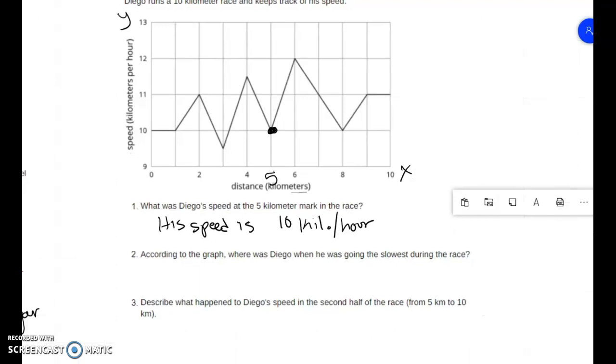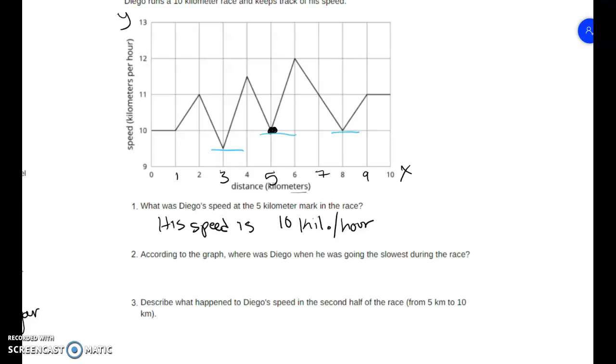So according to the graph, where was Diego when he is going his slowest during the race? Well, I want to see what the lowest point is that he hits on his race. What is the lowest point? So I'm just going to trace his graph and go, oh look, here's one low point, here's another, oh here's another.